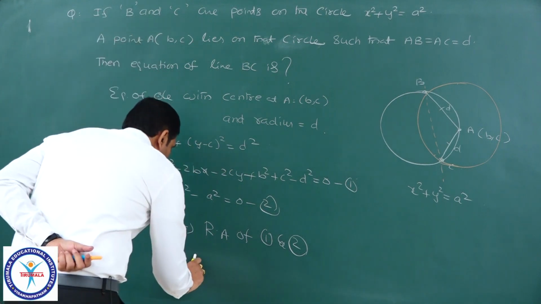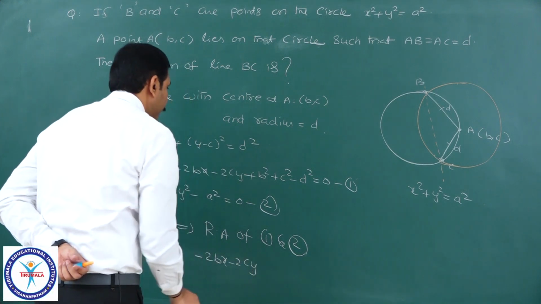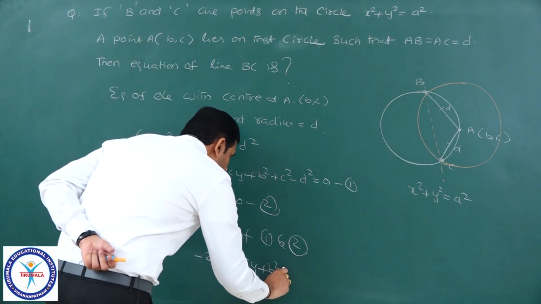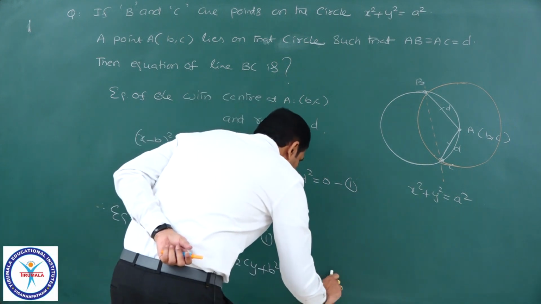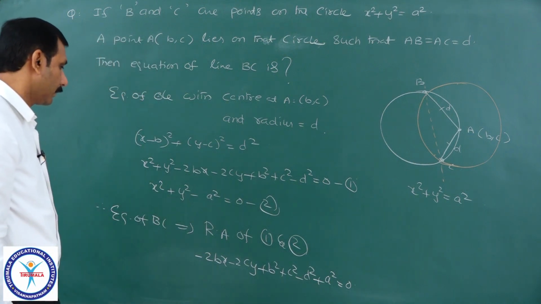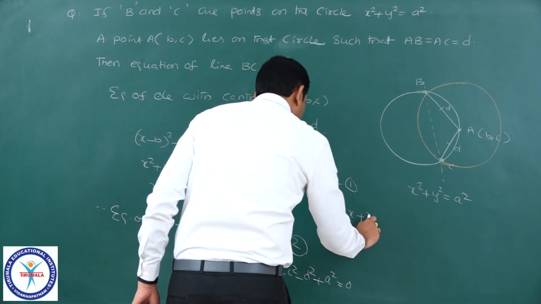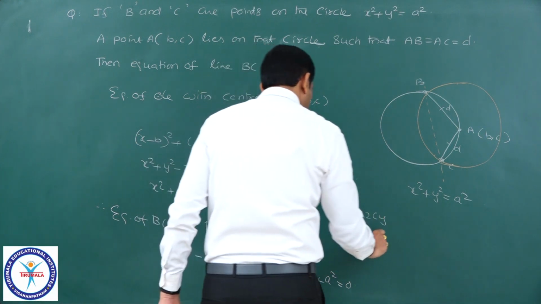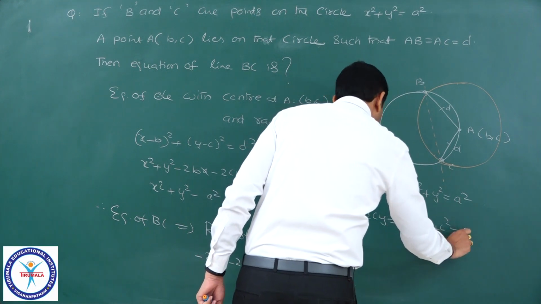Subtract these two. Minus 2bx minus 2cy plus b square plus c square minus d square plus a square equal to 0. Or this can be written as 2bx plus 2cy is equal to a square plus b square plus c square minus d square.